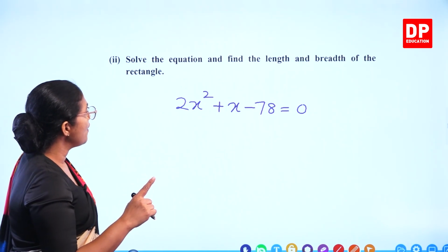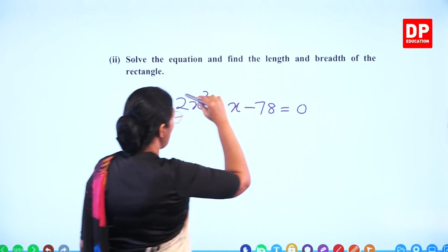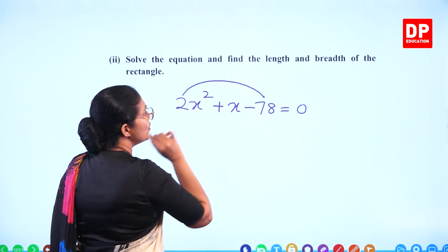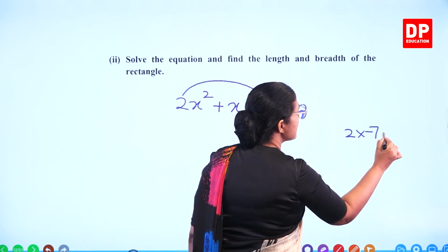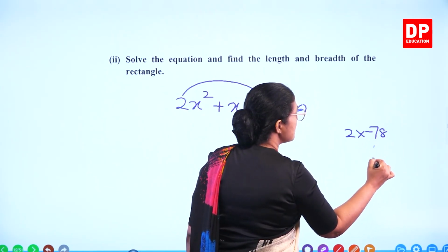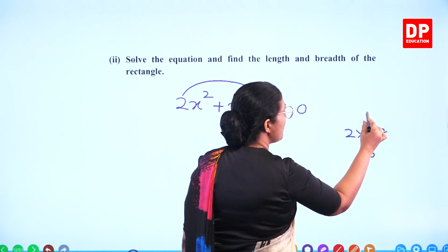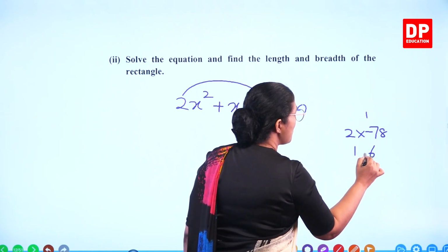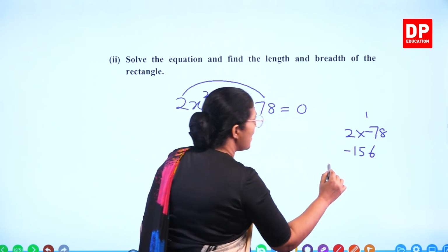First check whether you can factorize. You have to multiply these two. 2 times minus 78, so you get minus 156. What are the factors? We can divide and see.